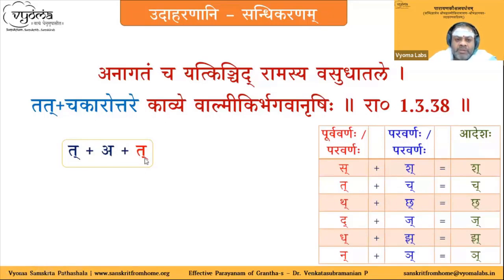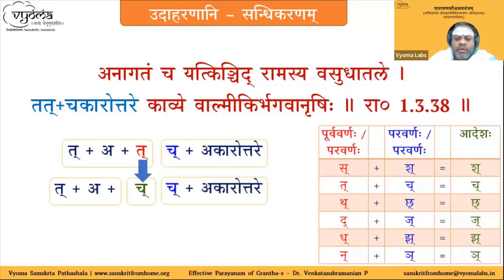Now the adesha comes to sakara tavarga. So tavarga has to be replaced. The red color T varna has to be replaced. T always gets ch. So T is replaced with ch as per Shchutvasandhi rule. So then if you join, it becomes tat chakarottare. That is the answer.